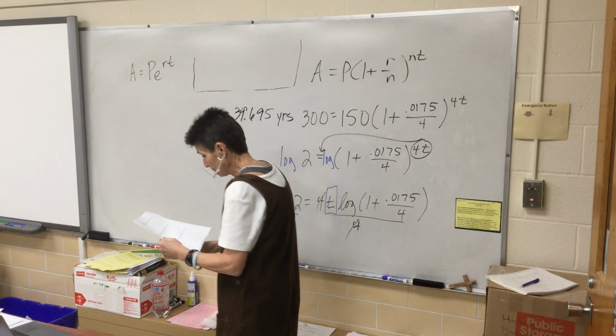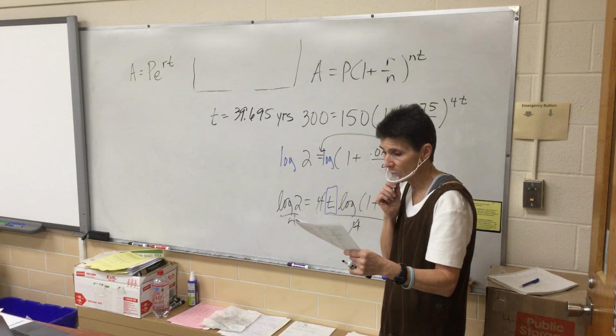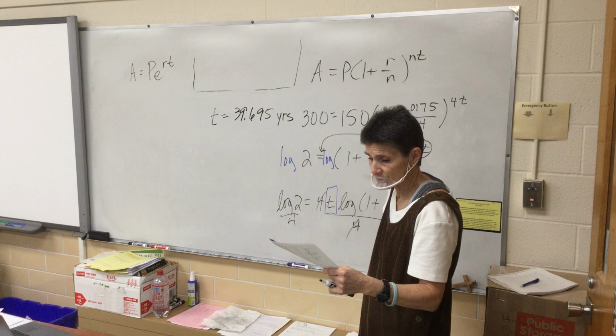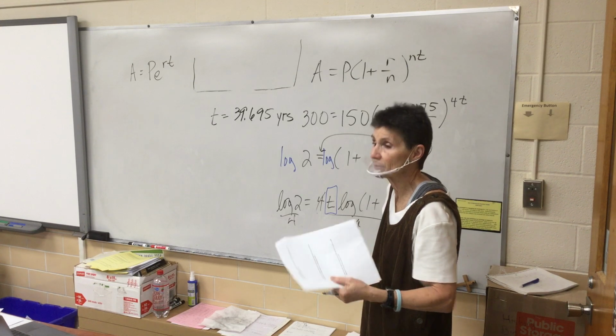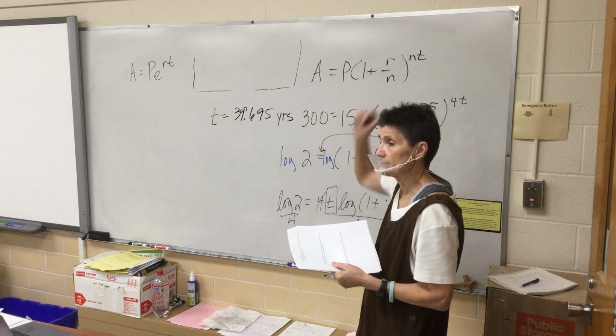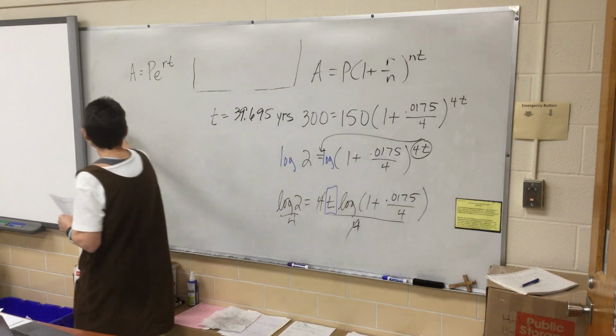All right, B. How much money will be in the account at the end of 25 years if 9876 is invested at 2.125% compounded monthly? Left, right. I need to write again. Compounded monthly.